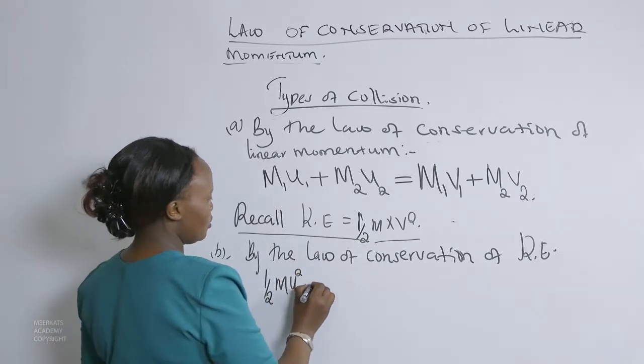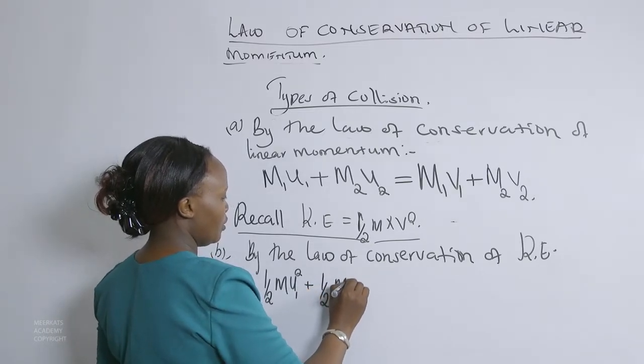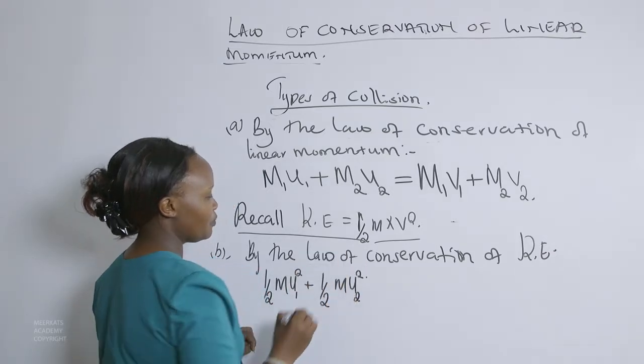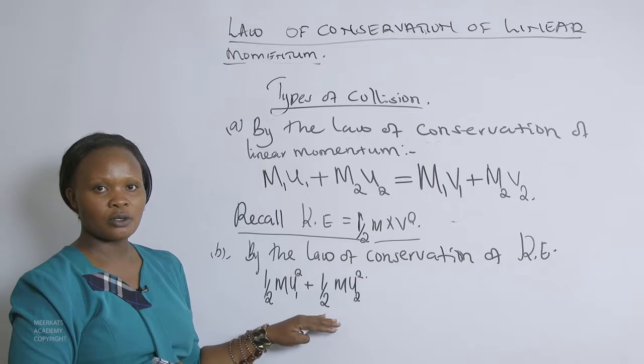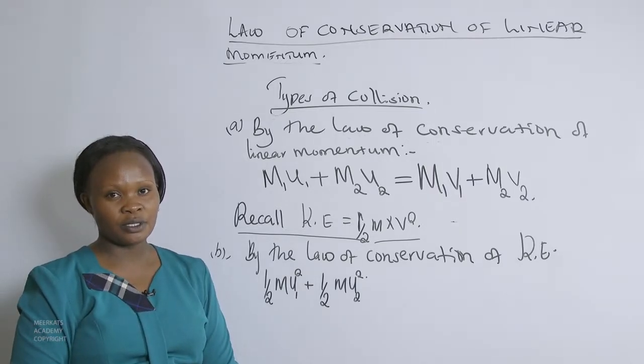We add that to a half m2u2 squared. This is the total kinetic energy before collision.